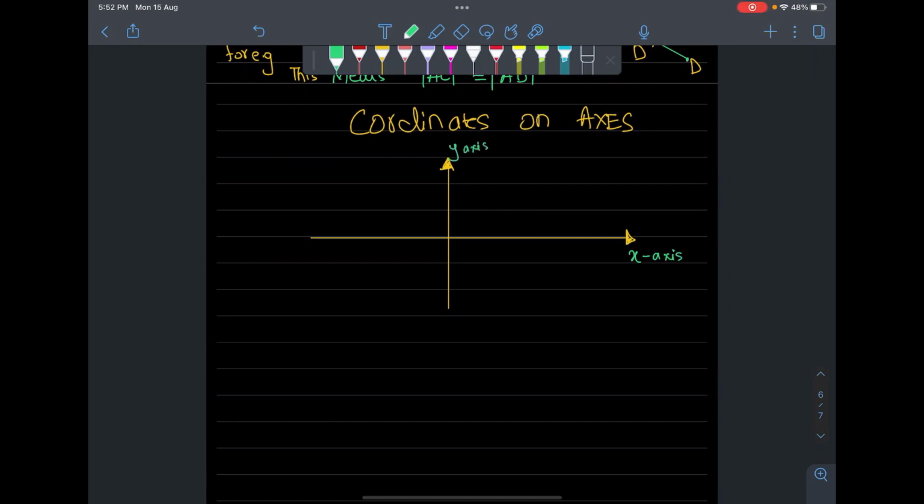So we've got x-axis and y-axis. Now we're talking about coordinates that are on the axes.